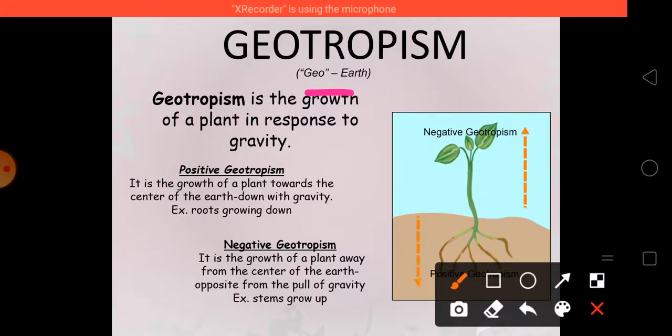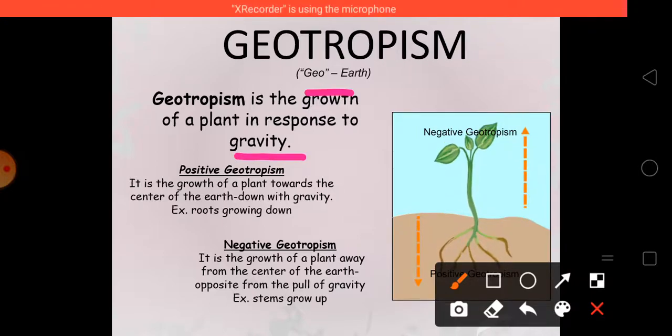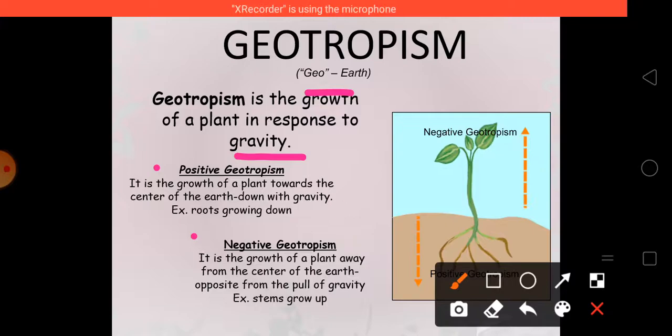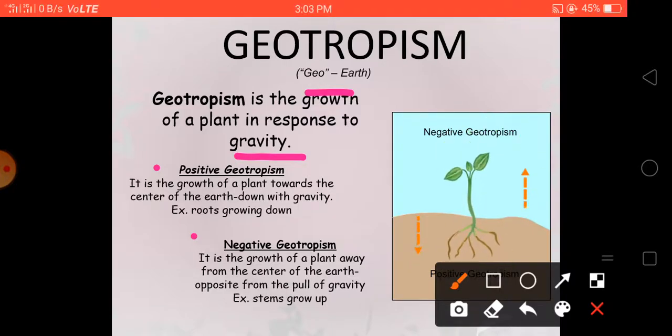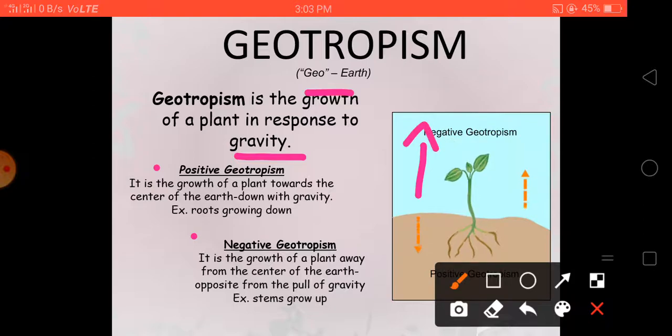And here is the growth of a plant in response to gravity. It is of two types: positive geotropism and negative geotropism. The positive means towards the ground and the negative means towards up.